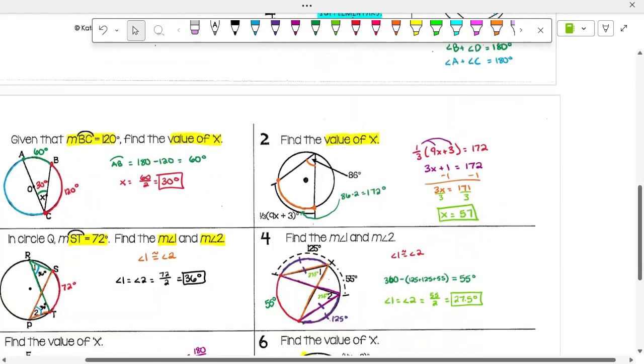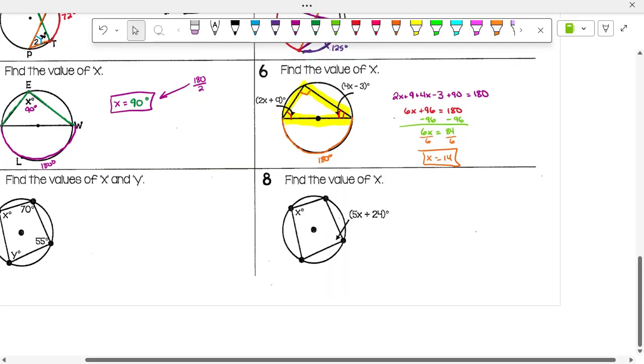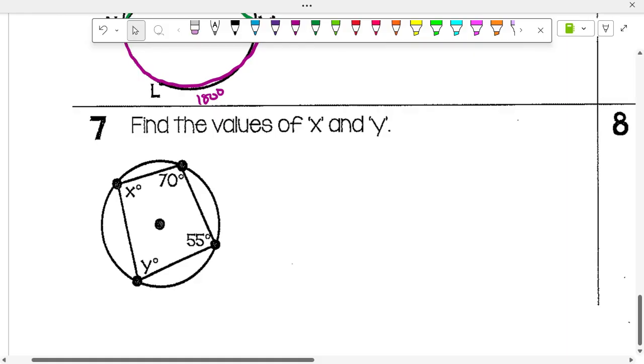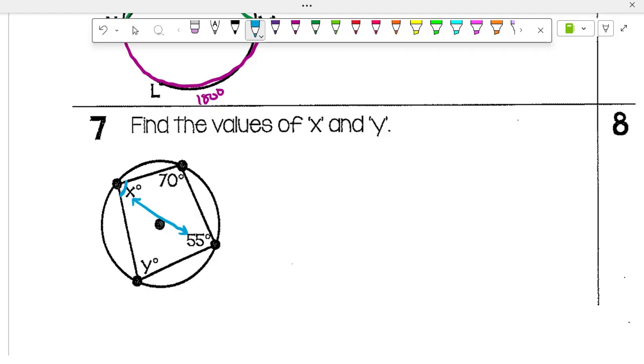All right, so let's do that last little bit of problems on this foldable. They want us to find the values of x and y. How can I find x? What's the connection between these two angles? What did we just say on the previous page?